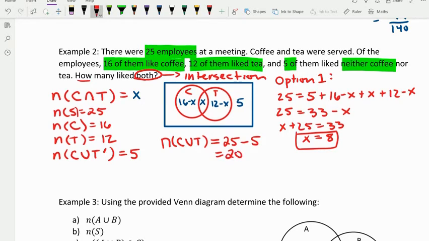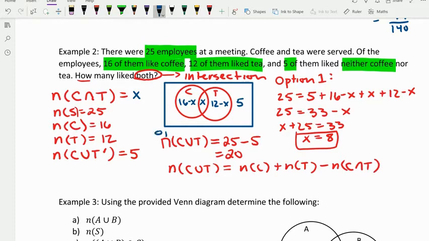Okay, we can use this formula for union. The number of things in the union is the number of coffee drinkers plus the number of tea drinkers minus the number in both. Okay, again, this solution, option 2.